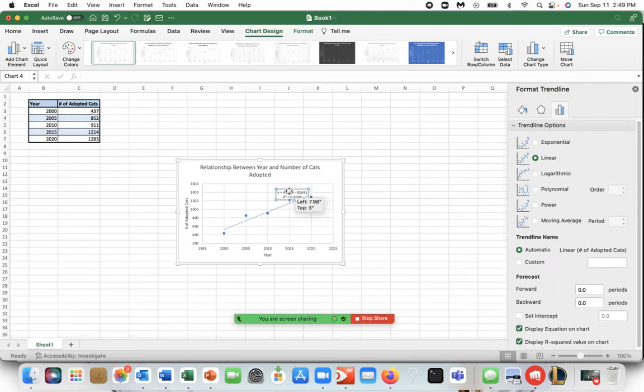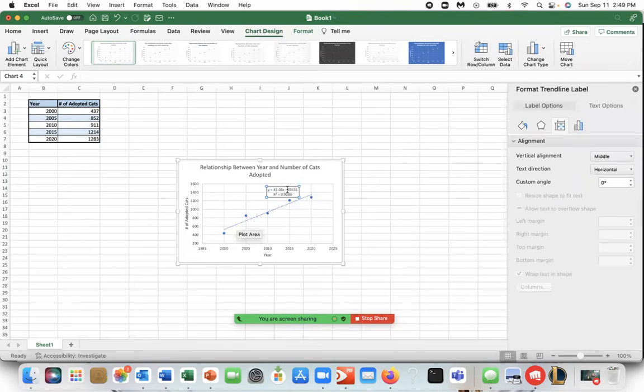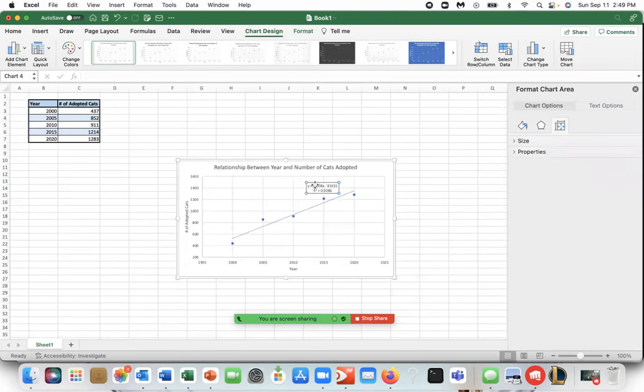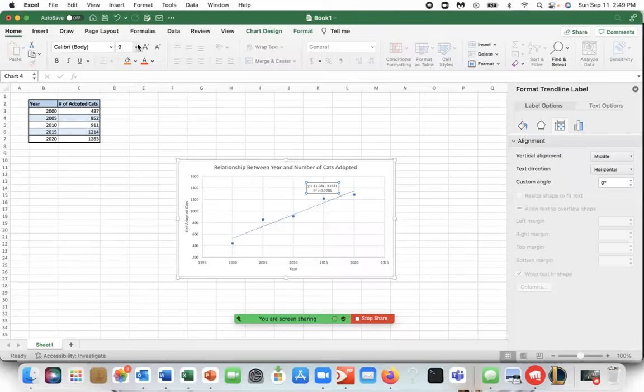So those are doing two things for me. This first equation at the top here, let me make this a little bigger so it's much easier for us to see. This first equation here is telling me what this line is.